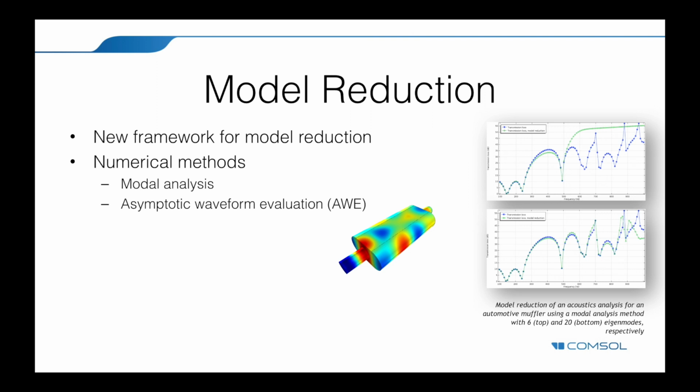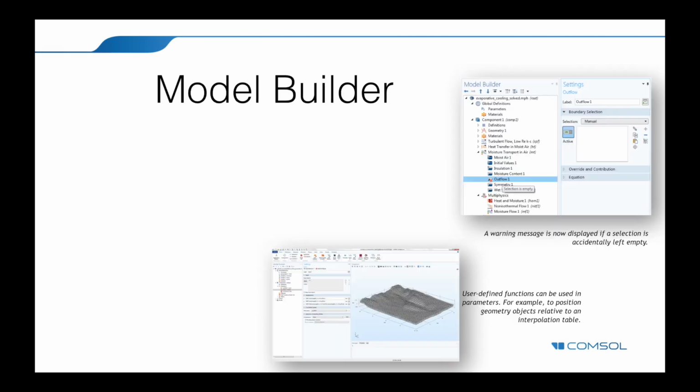You see the agreement is better the more eigenmodes one takes into account. Since we include the lowest eigenmodes, we get very good agreement at the lower frequencies and worse for higher. But again, better the more eigenmodes we include. More eigenmodes, of course, means more eigenvalues. If you have the LiveLink for MATLAB, you are going to get access to reduced models through a new state space export function.